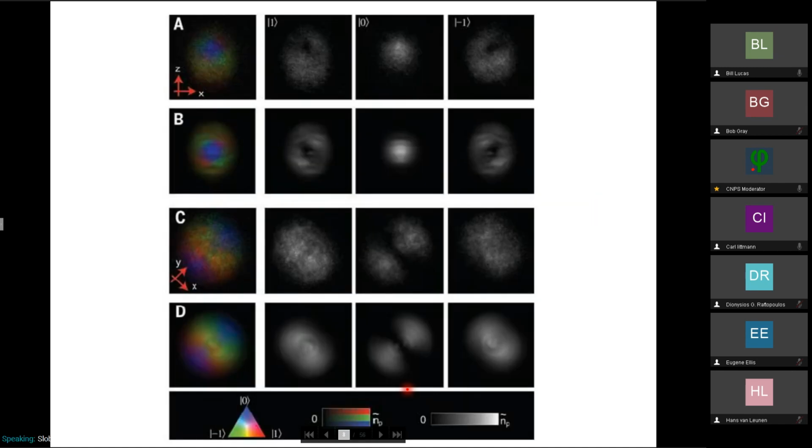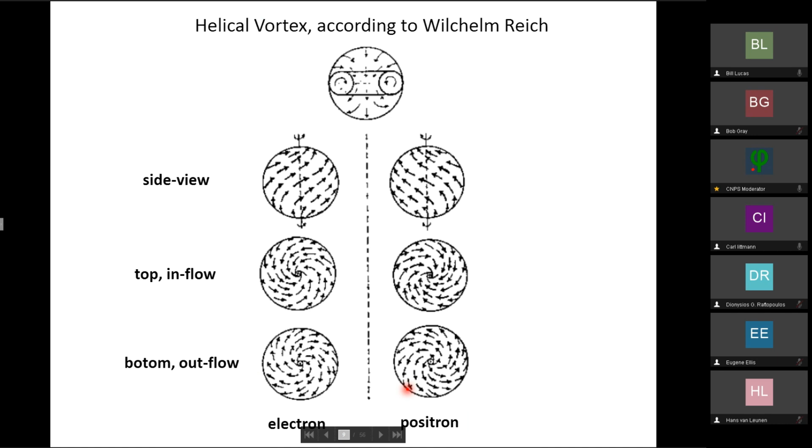So I may have kept too many of these slides here just to get an idea how it looks like in space. And this is a representation that Wilhelm Reich had a long time ago, maybe almost 100 years, or 50, 60 years ago, of how this structure looks like. Amazingly, he was really up to something.